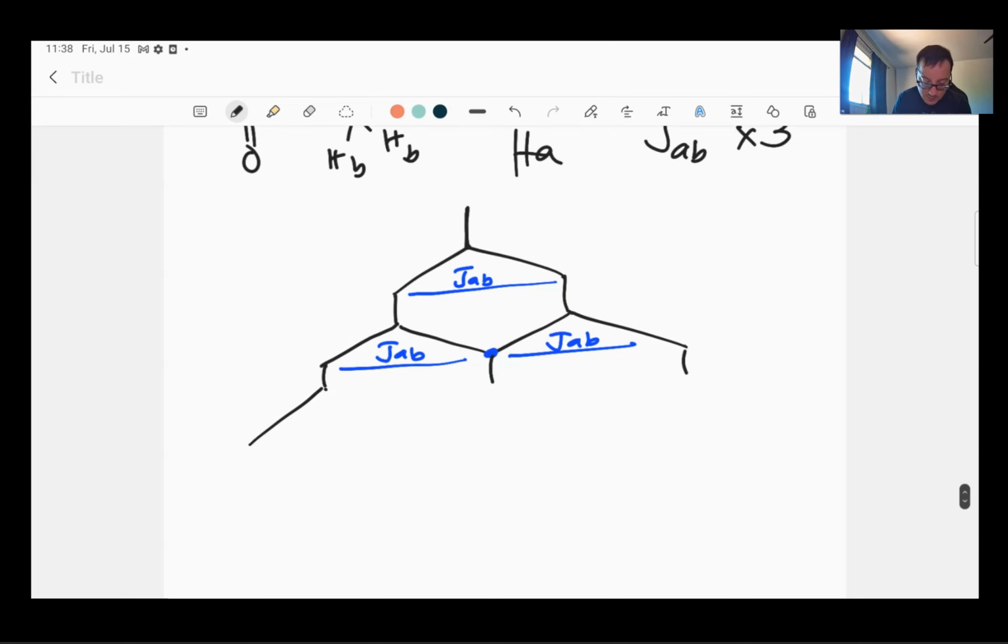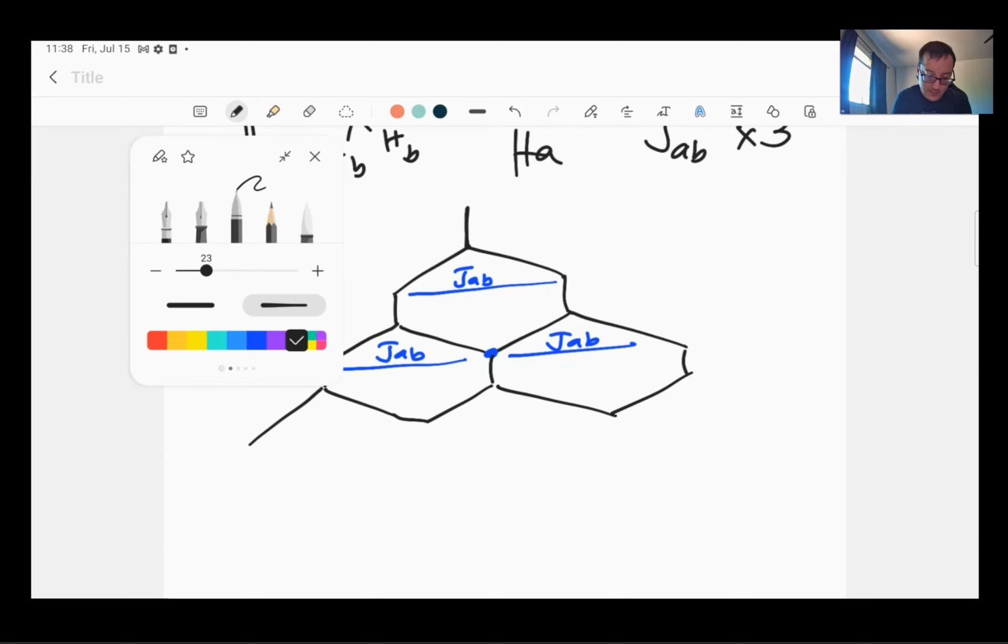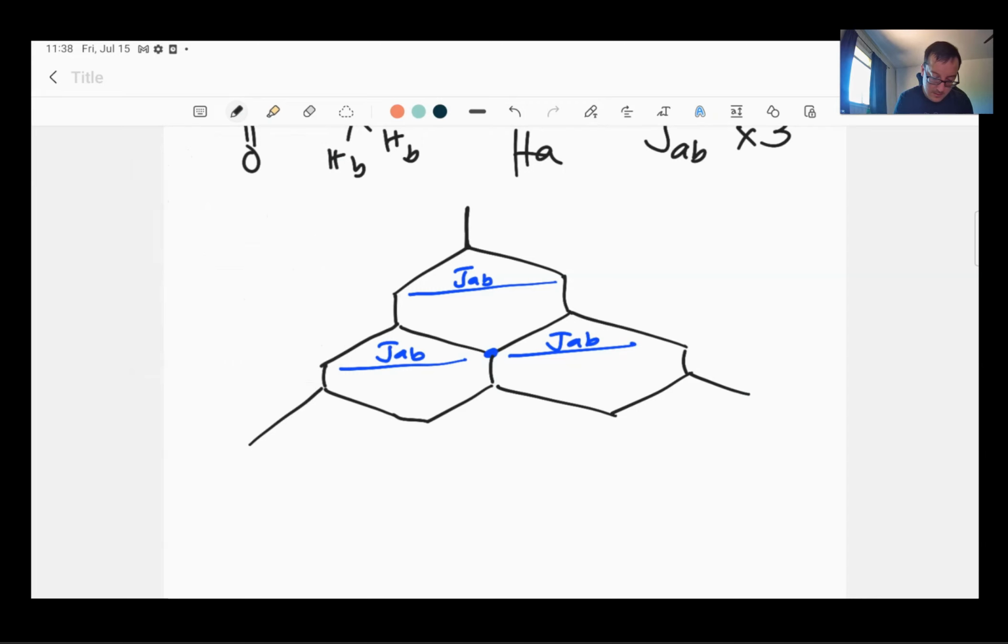And so we again want to kind of make them fairly even. My drawings are, as always, terrible, but that's okay. So this is also JAB. Each peak needs to be split by our coupling constant. So we are left with these purple peaks, which are where the splitting has ended up.